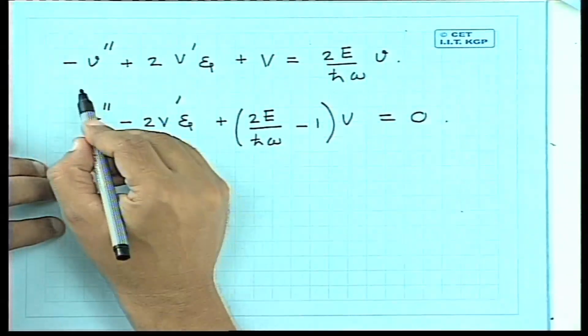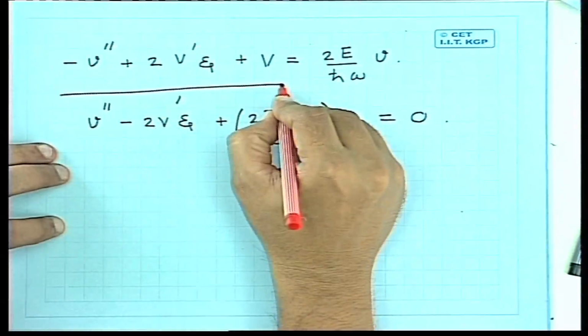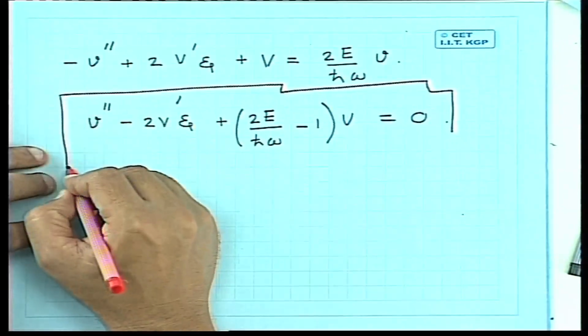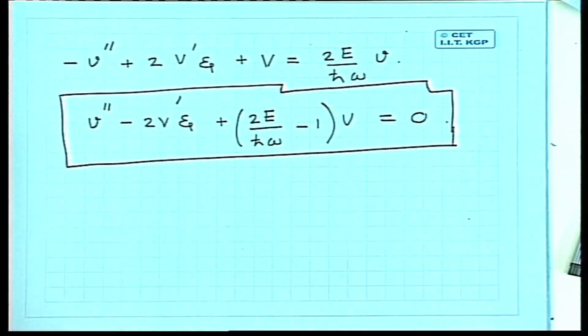So this is the equation we want to study now, which is the same old equation, the Schrodinger equation, with the substitution that psi is equal to v into a Gaussian.